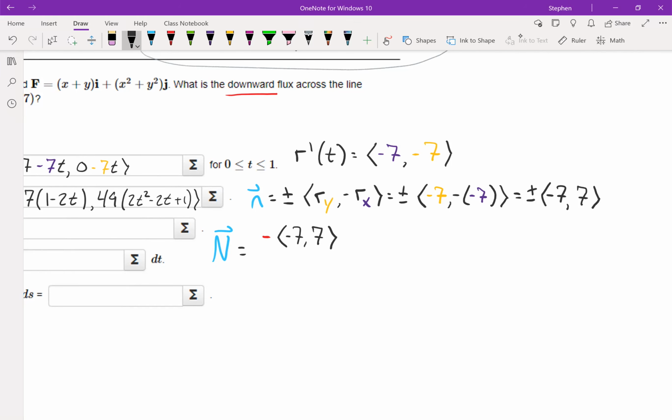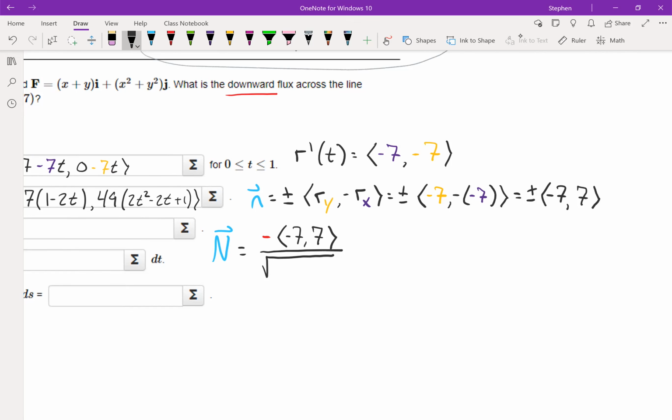Because from the beginning, when I just found my normal vector, I had a positive value for the y component, which means that that's an upward oriented normal vector. And I wanted the downward oriented normal vector. So I want to have a negative value in that y position.